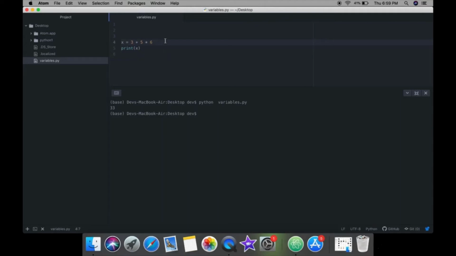This is because of associativity and precedence of these operators, that is plus and star here. So in general mathematics we have some arithmetic operators.